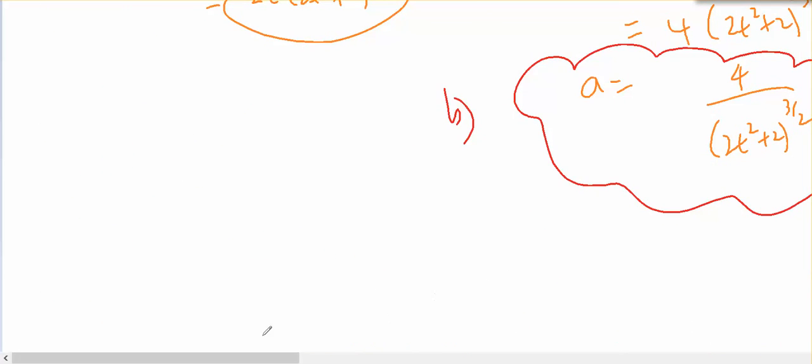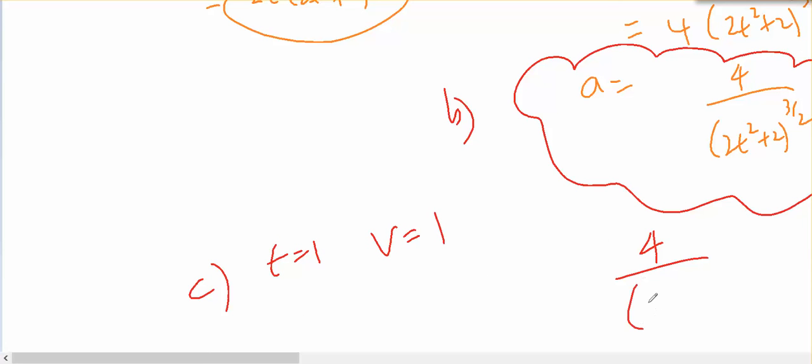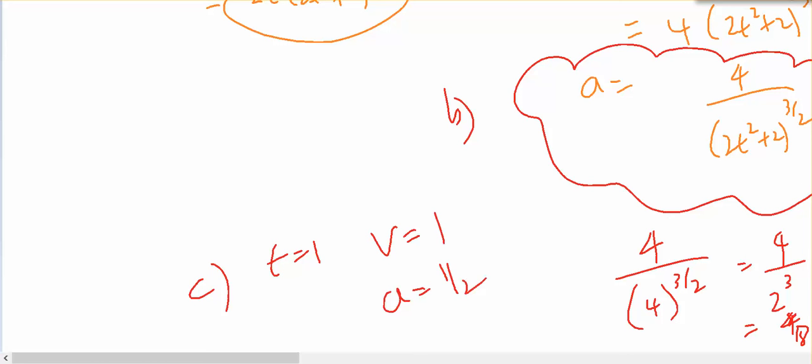So part C, when t equals 1, velocity equals 1, and acceleration will equal 4 on top of 4 to the 3 on 2, which is 4 on top of 2 cubed, which is 8. 4 on 8 is a half. Acceleration equals a half.